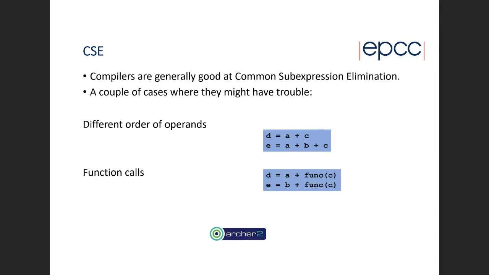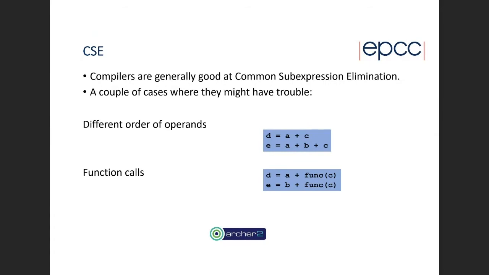Next one is CSE, which stands for Common Sub-Expression Elimination. This is where in your code you do the same statement or part of a statement twice, and you hope that the compiler can spot that and only do it once.